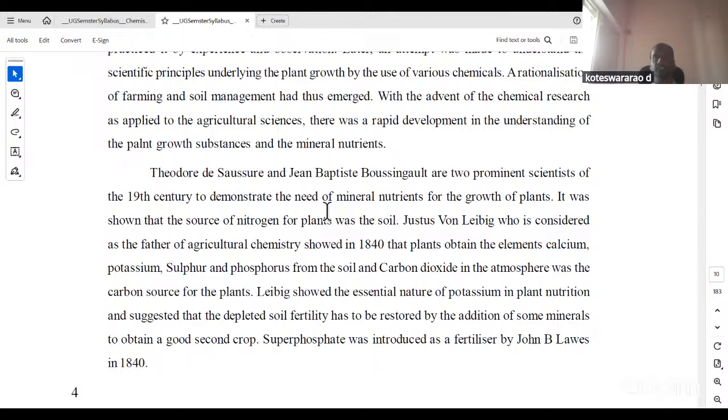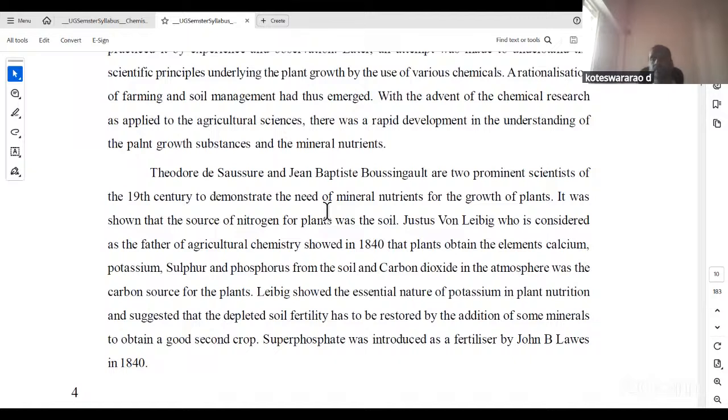These scientists demonstrated in the 19th century how mineral nutrients are important for the growth of plants. They showed that the source of nitrogen for plants was the soil. For plant growth, one of the important nutrients is nitrogen.